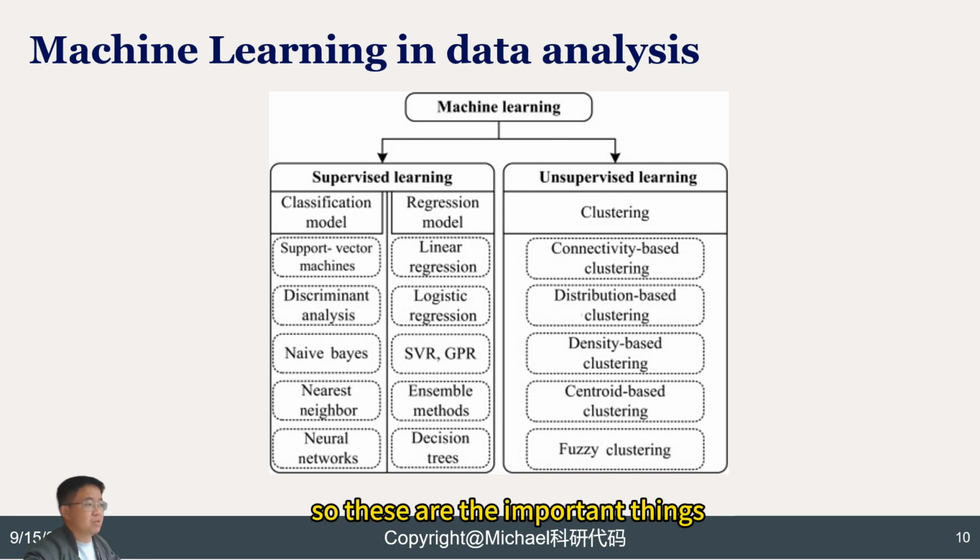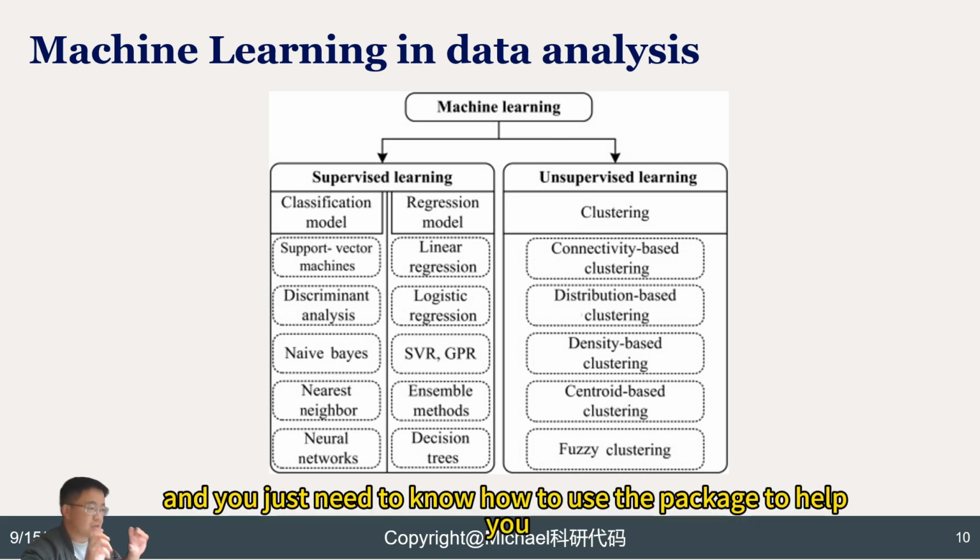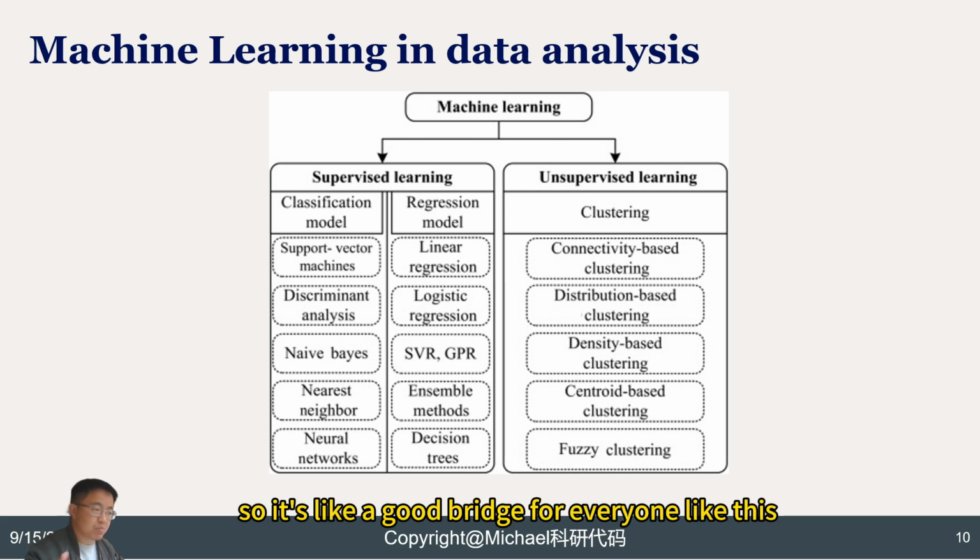This is the important thing. R has already built the methods inside R packages, and you just need to know how to use the packages to help you. So it's like a good bridge for everyone.